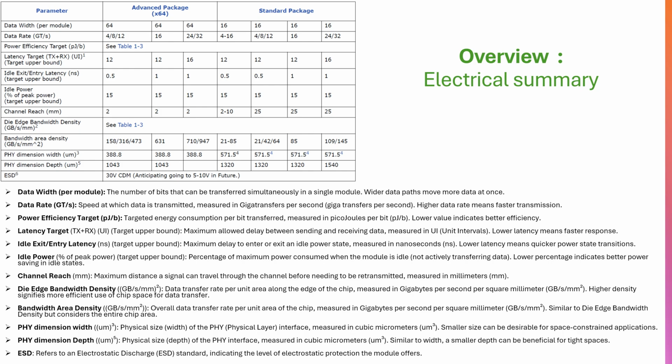I'm not talking about that. When it comes to CDMs, those chips talk about 250 volt or 500 volt CDMs, sometimes bigger also. Here, because it is inter-package, we are talking about 30 volt CDM protection. And we anticipate that the expectation will go to 5 or 10 volts in the future.